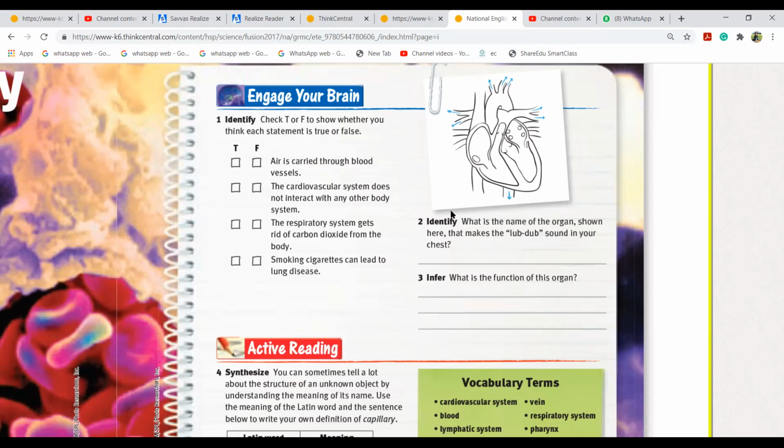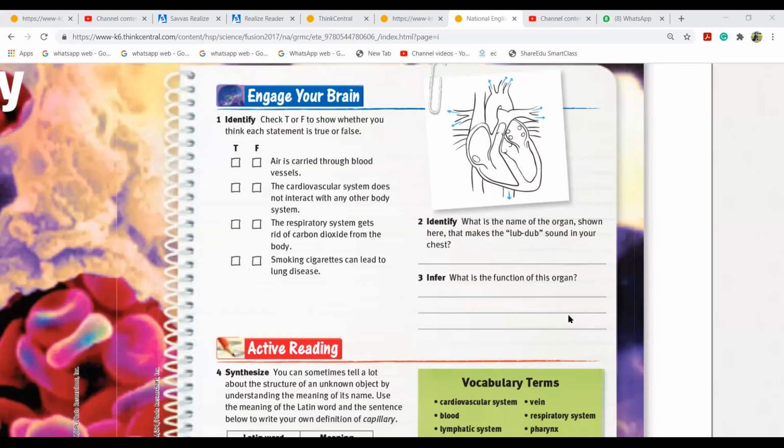Next, third one. Read the third one. The respiratory system gets rid of carbon dioxide from the body. Is that true or false?